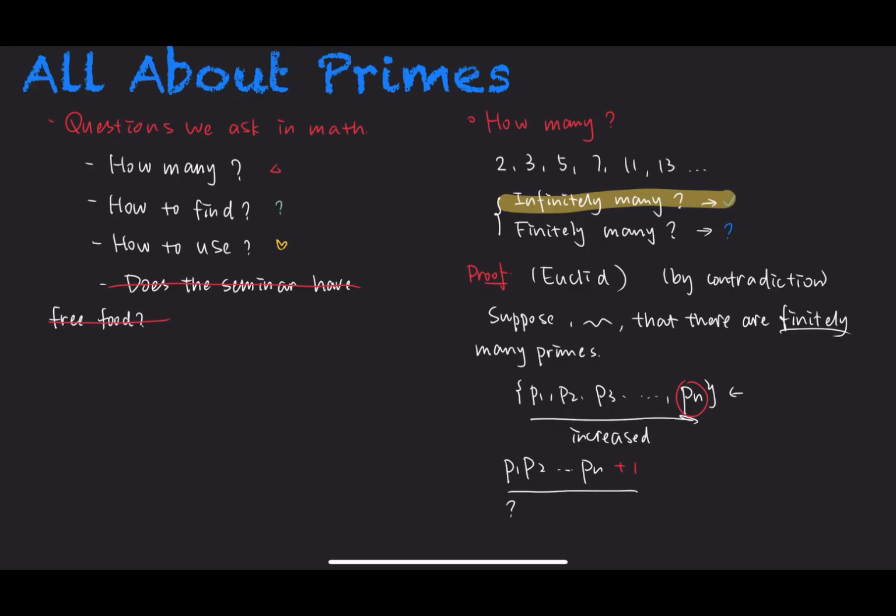The same goes for p2. p2 cannot divide p1 times p2 to pn plus 1 because it already divides p1 times p2 all the way up to pn. And the same argument stands for every single prime in this set. So we have shown that this p1 times p2 all the way up to pn plus 1 is not divisible by any existing prime.